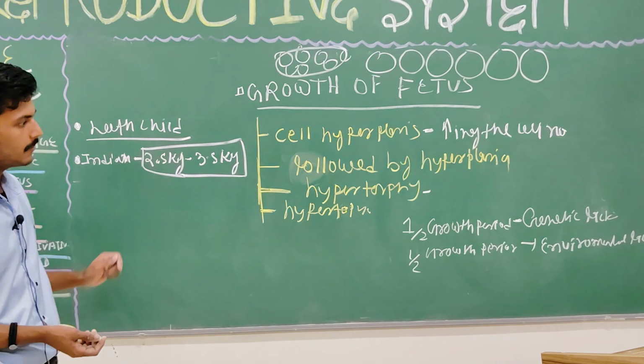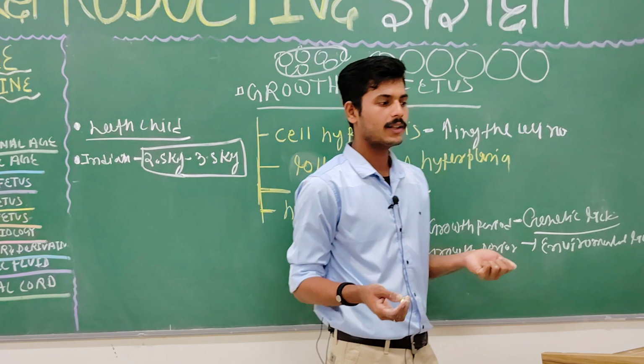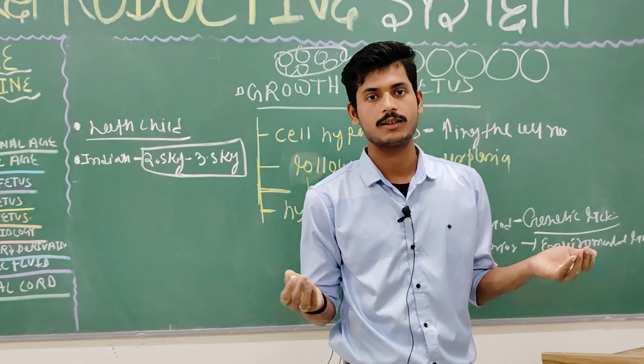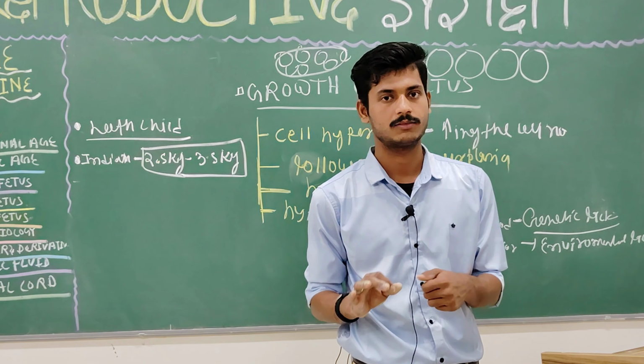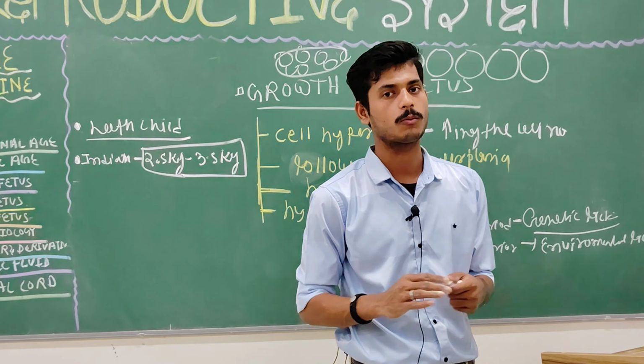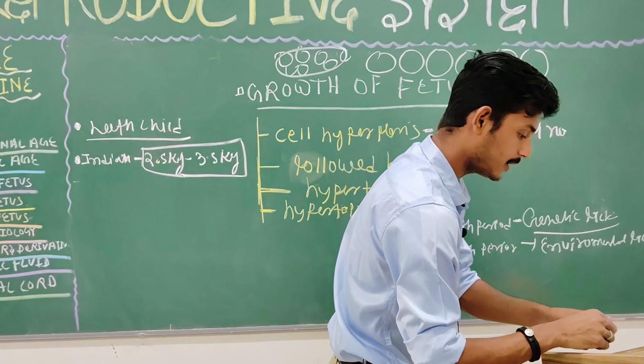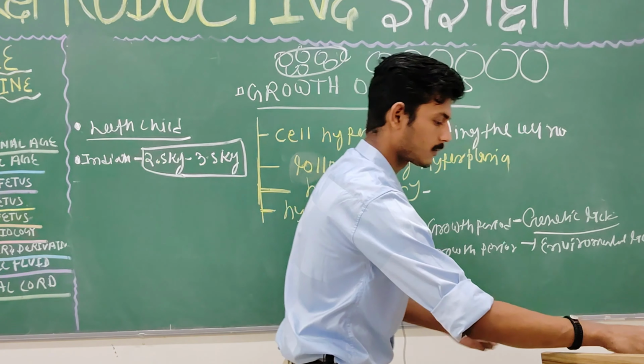So one half of the growth period is defined by the genetic factor, and the other by the environmental factor. If there are any chromosomal anomalies or chromosomal impairment, that leads to abnormal growth of the fetus. Environmental factors also help in the growth period, and the main thing which really helps is the hormones.